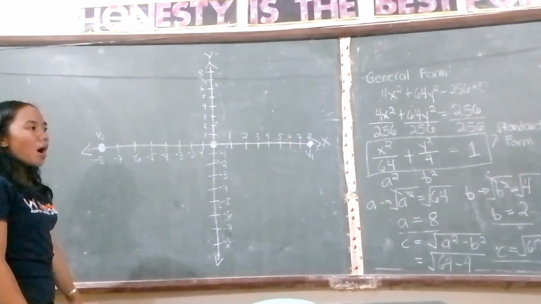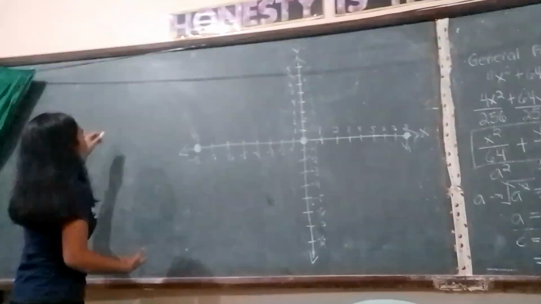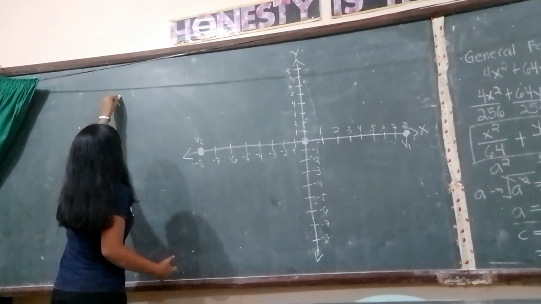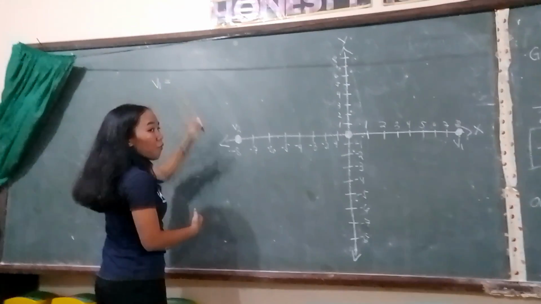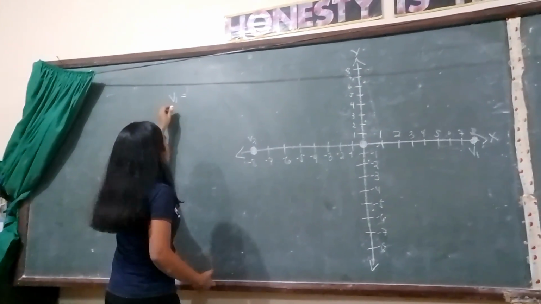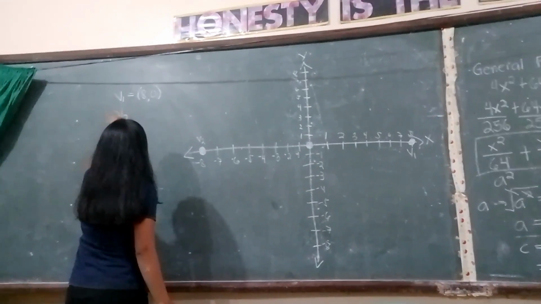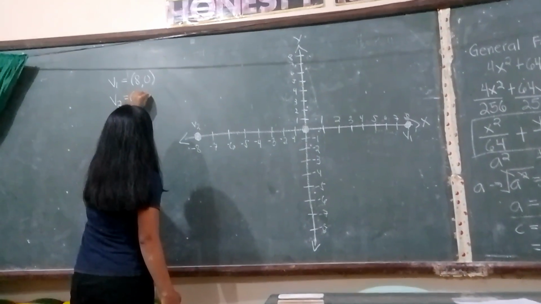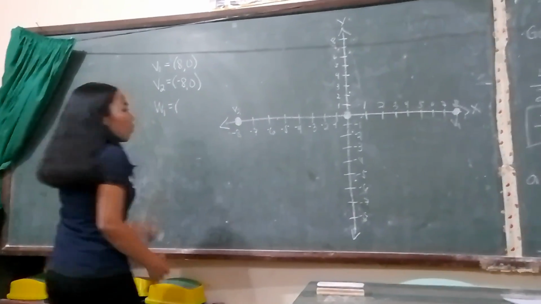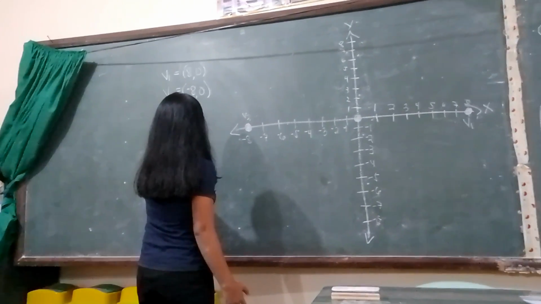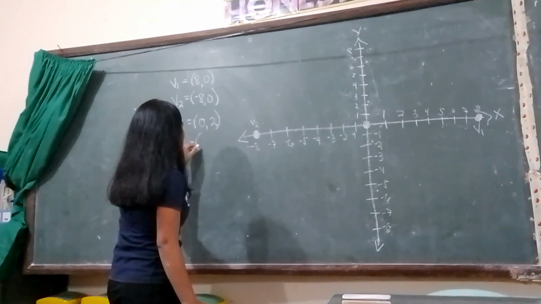For our co-vertices, to simply put it, we will make it here so that it's easy for you to see. So our vertices: V sub 1 is 8 and 0, V sub 2 is negative 8 and 0. Our co-vertices: W sub 1 is 0 and 2, and W sub 2 is 0 and negative 2.